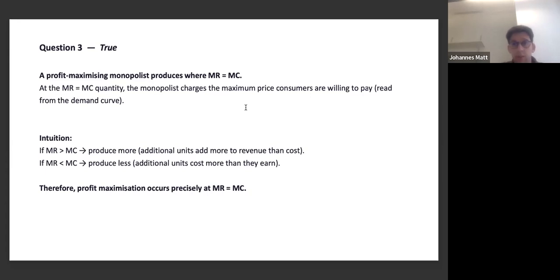So that is exactly consistent with profit maximization. Again, a good answer would explain the problem the monopolist is facing in terms of marginal revenue and marginal cost, and then conclude that where marginal revenue equals marginal cost, you're exactly at the maximum possible profit.